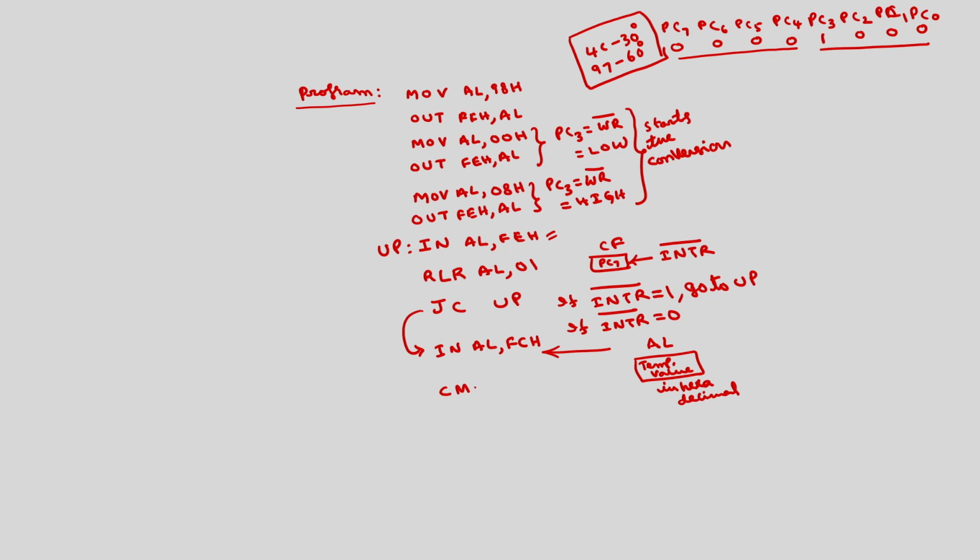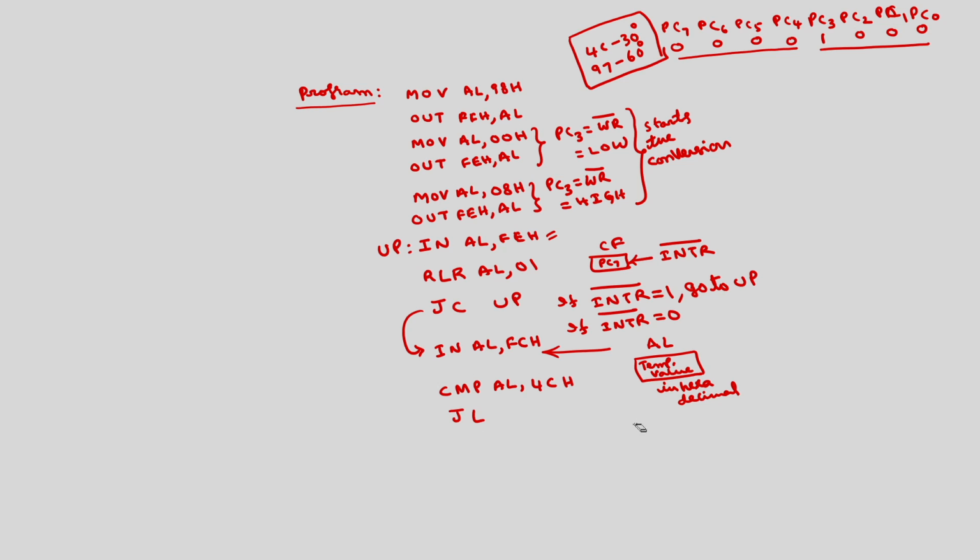Compare AL, which contains the present temperature value, with 4CH, the lower limit. Jump on less than. If AL is less than 4CH, that means it is less than 30 degrees and you have to turn on the heater.